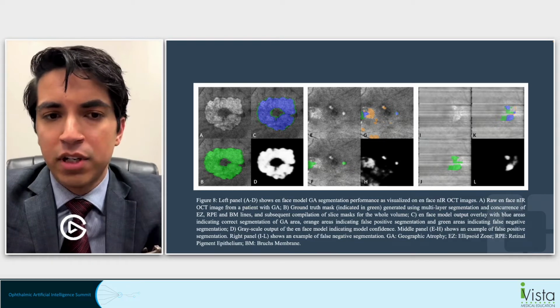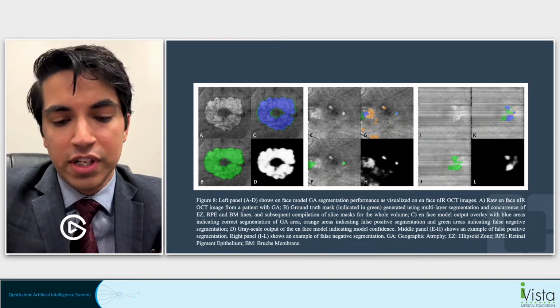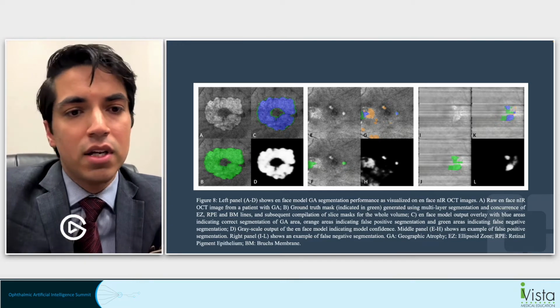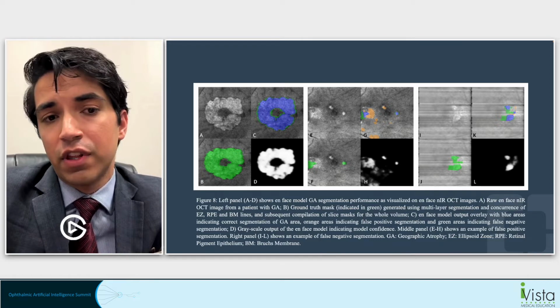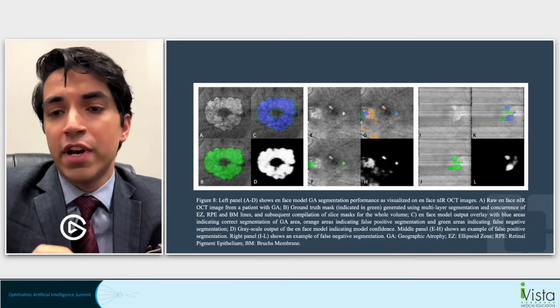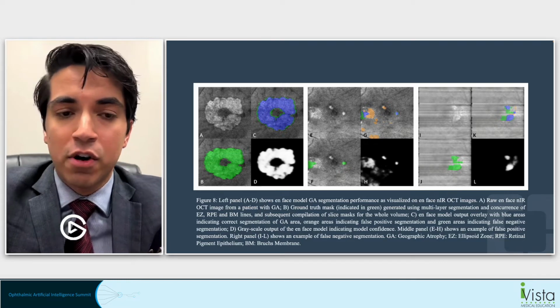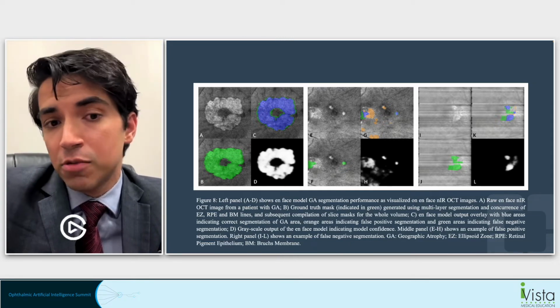The panel in the middle shows that the on-FOSS images sometimes come with their own set of challenges: there may be aberrations in the image, or the reflectivity of the tissue might vary, and it might not be the window defect coming from absence of RPE. And the model tends to see that and mark it as a false positive.